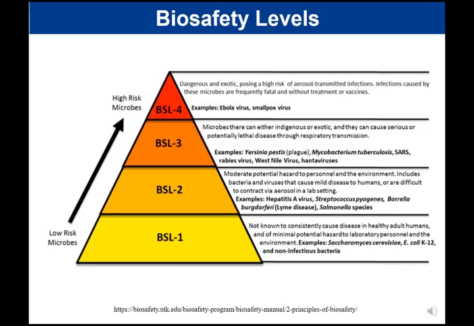They're not known to consistently cause disease in healthy adult humans, and they have minimal known risk. So examples of BSL-1s would be like Saccharomyces cerevisiae, which is baker's or brewer's yeast, lab strains of E. coli that we continuously use throughout the class, as well as other non-infectious bacteria.